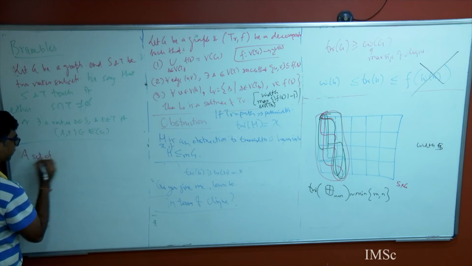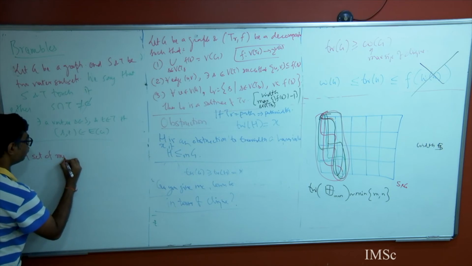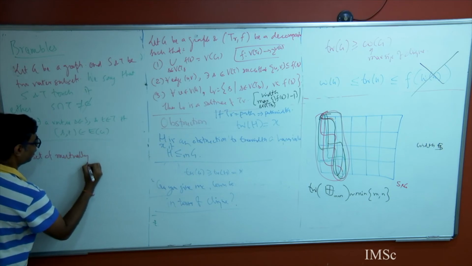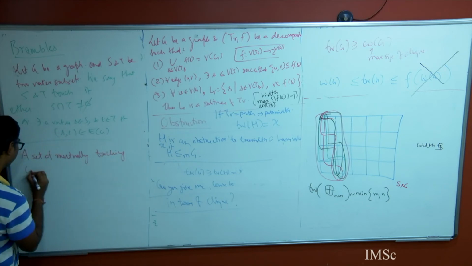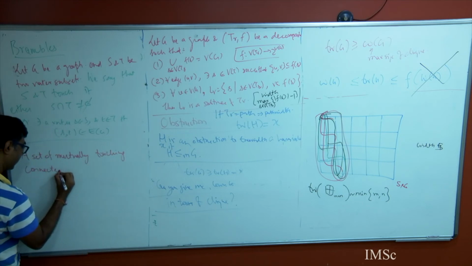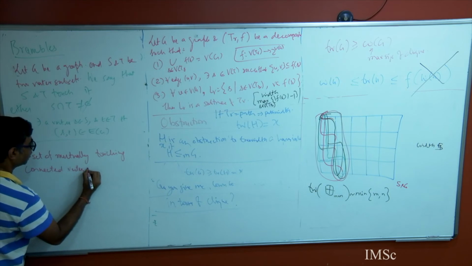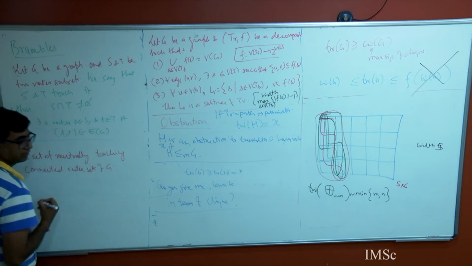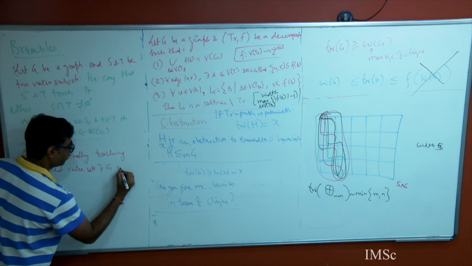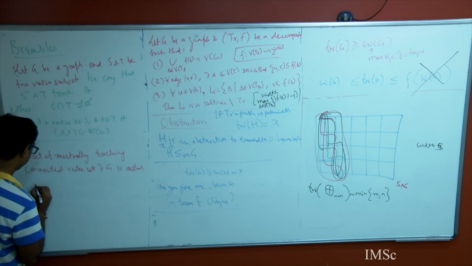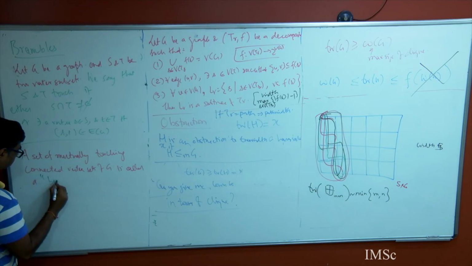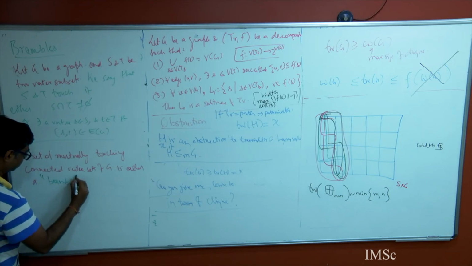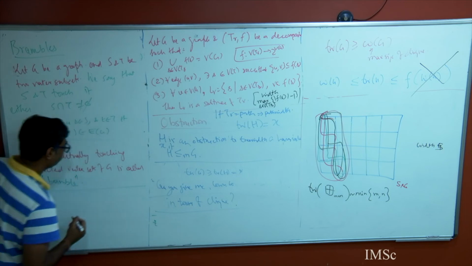A set of mutually touching connected vertex sets of G is called a Bramble. What does this say?